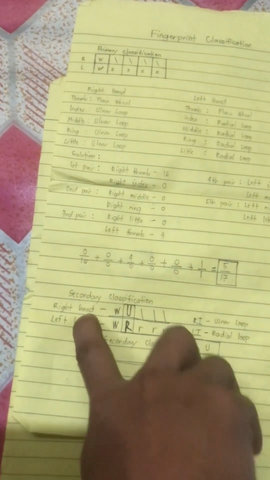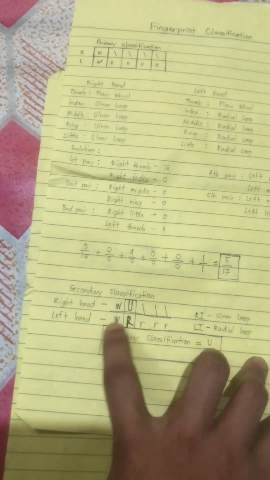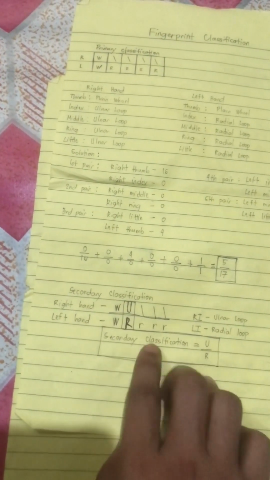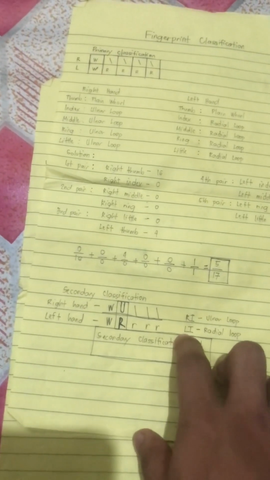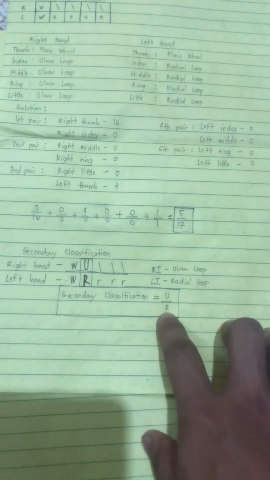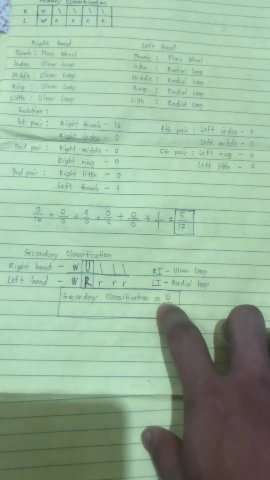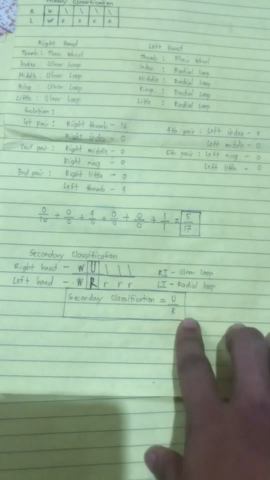So in my right hand, my right index is an ulnar loop and my left index is a radial loop. So this is my secondary classification, U/R, so ulnar over the radial loop.